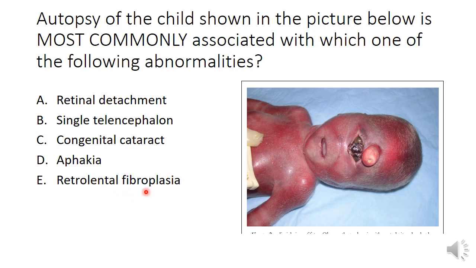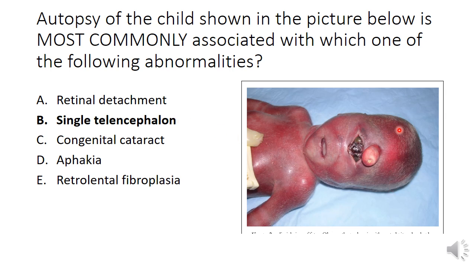Retrolental fibroplasia, we cannot see that in this case. Aphakia, this is also not so commonly associated. Congenital cataract, retinal detachment, this could be there, but one of the things that is very common is single telencephalon.